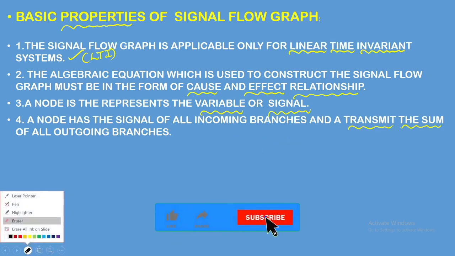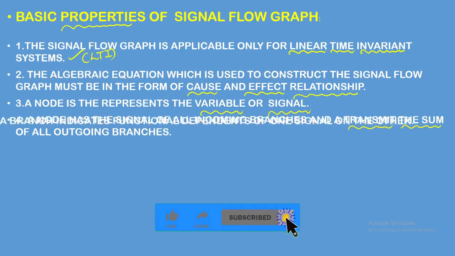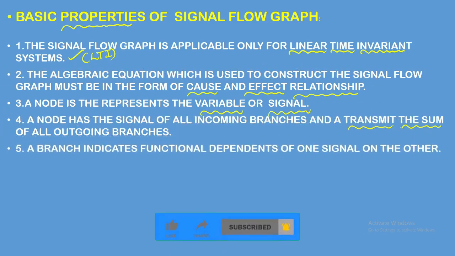Next, a branch indicates the functional dependence of one signal on another.